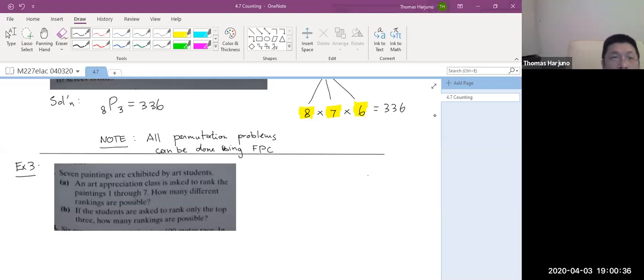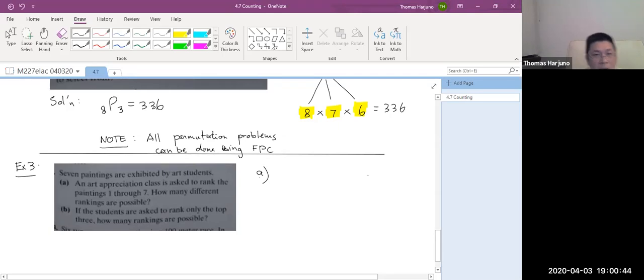Part A: an art appreciation class is asked to rank the paintings 1 through 7. So there are 7 paintings. How many different rankings are possible? If we use the fundamental principle of counting, then for rank number 1, there are 7 choices. Rank number 2, there are 6 choices. Rank number 3, there are 5 choices, and so on and so forth.